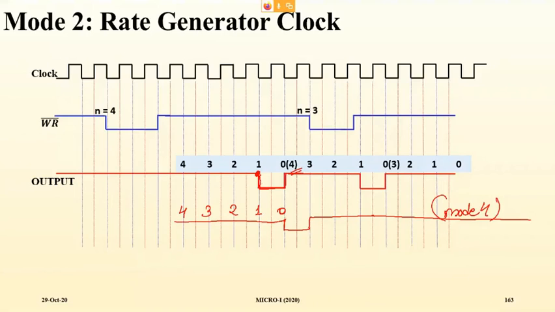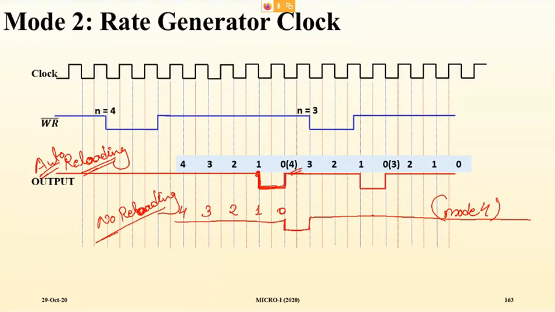If you can remember this, here the rate generator keeps on reloading; reloading is automatic, you can say auto reloading, whereas here there is no auto reloading. Here it will remain low after 0 for one clock period.